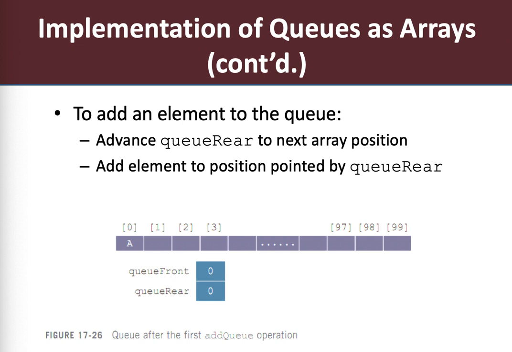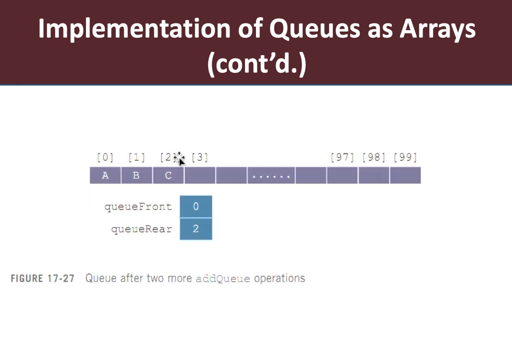After the operation add queue, adding A to the queue, the array is shown as you can see over here. If we do 2 more add queue operations and add B and C, then queueFront is going to stay at 0 and queueRear is going to point to C.